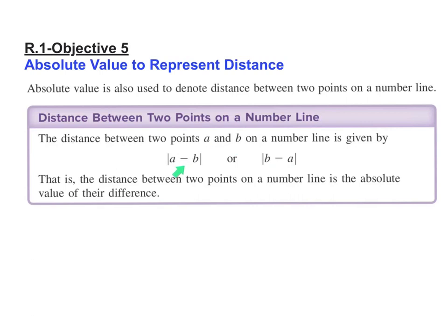You subtract A and B inside the absolute value, or you can subtract B and A. And as I showed you on the previous slide, that value will be the same regardless of the order of A and B. Okay? And I showed you two examples on the last slide of how that was true. One with kind of a trickier radical expression, and one with some really simple natural numbers.